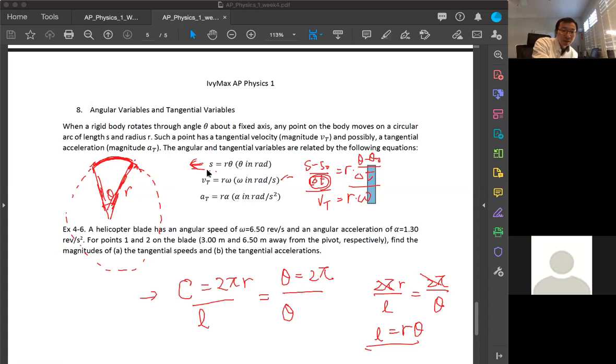The result is pretty useful. You need to know it and how to use it. I believe it should be given on the formula sheet.